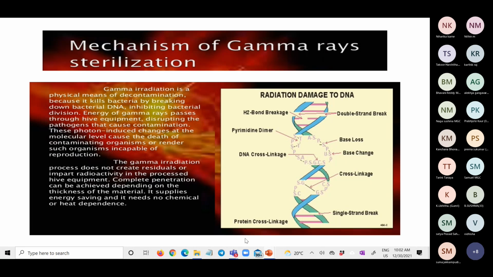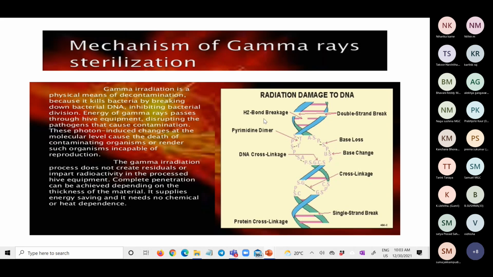Now what is happening during gamma ray sterilization? Here you can see the DNA structure, and the radiation damage to DNA. This gamma radiation will do either of two things.